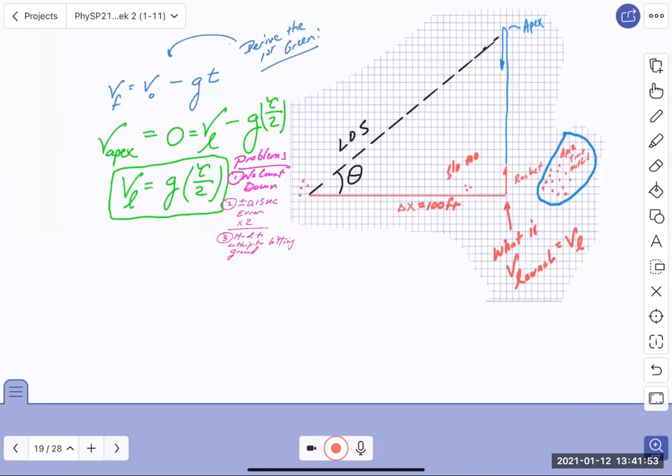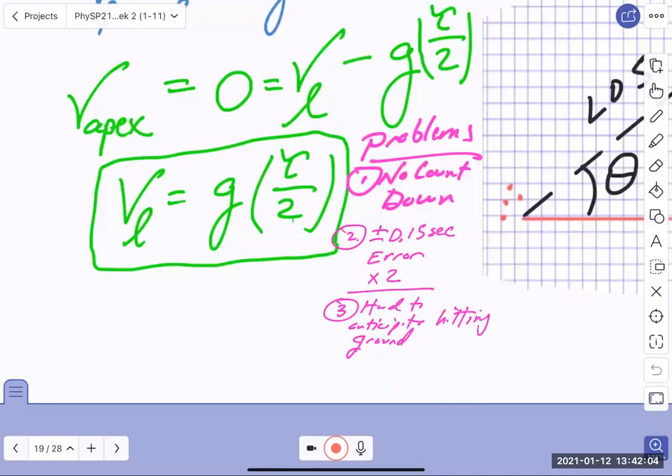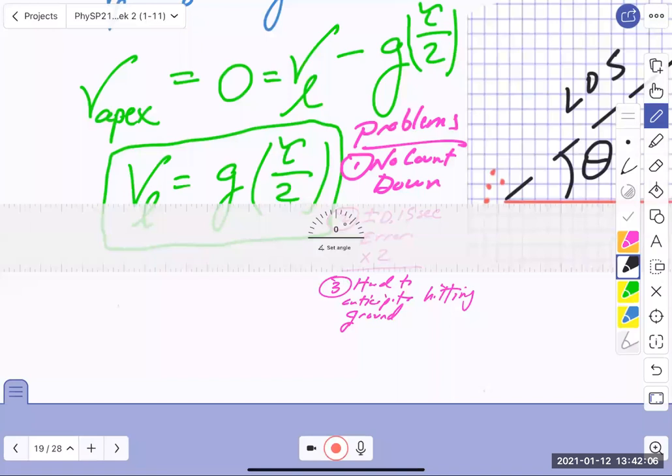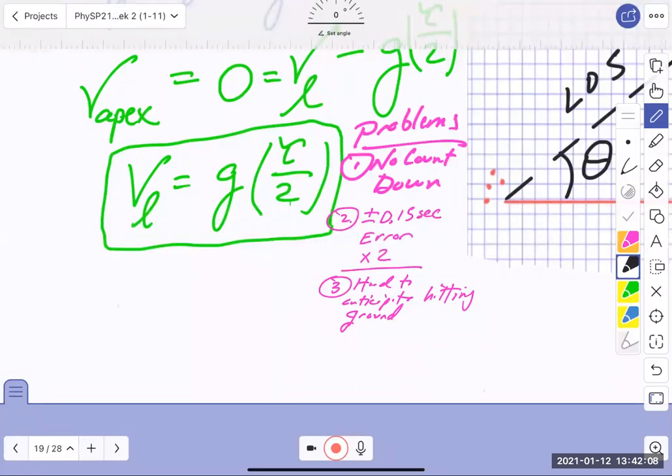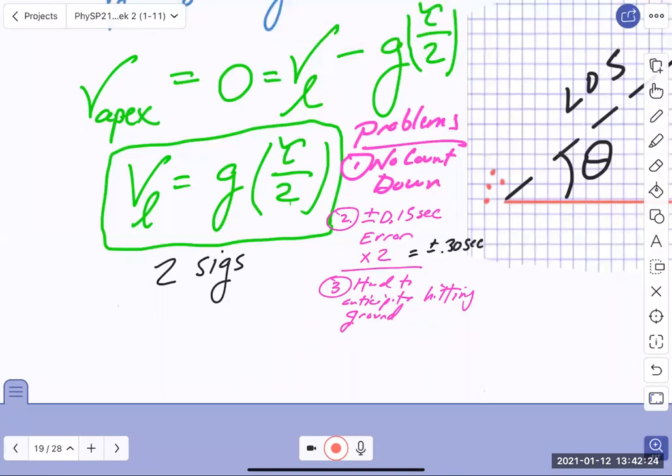So that won't be hard. We'll have 3 sigs there. The timing, this other way of doing it, the best you're going to get is 2 sigs. That is a 2 sig situation, which is not terrible. And pretty bad, because 0.15 error plus or minus really turns out to be plus or minus 0.30 seconds error on that, which is bad.